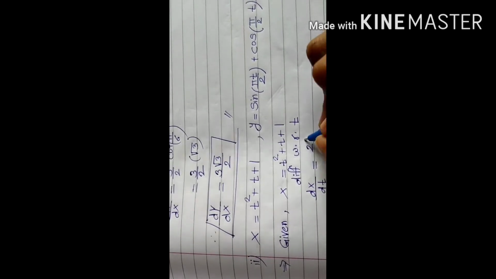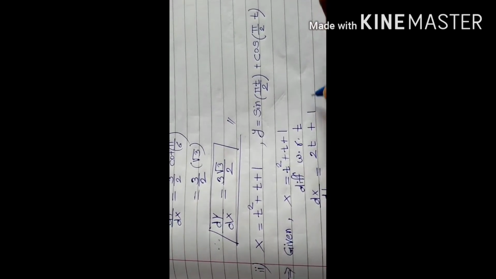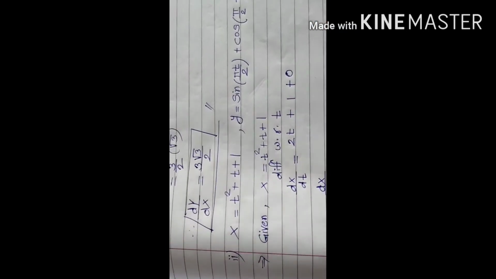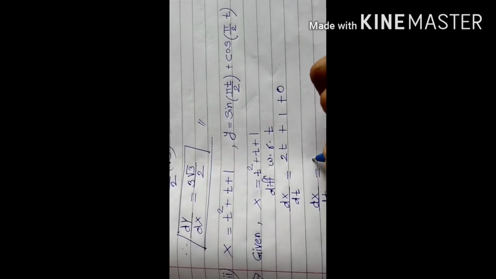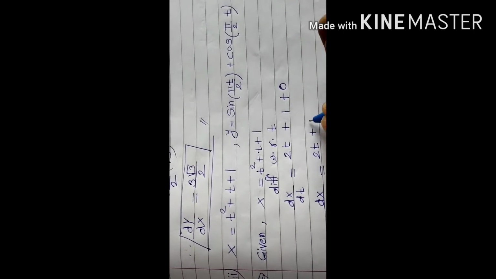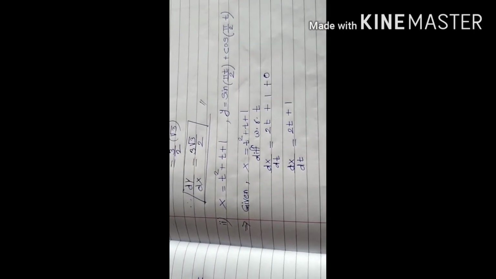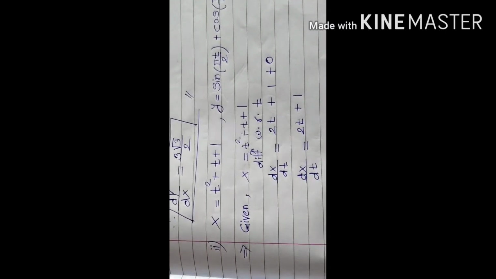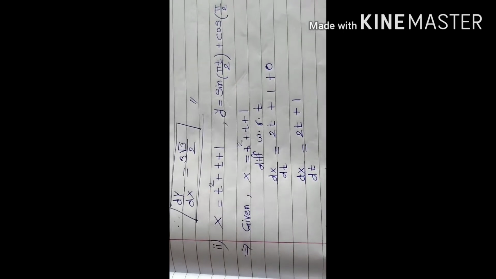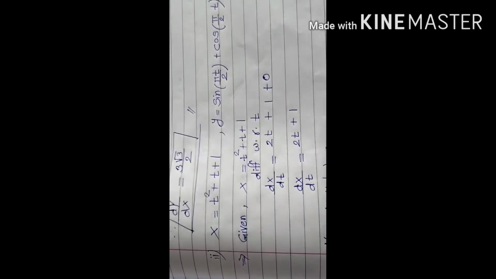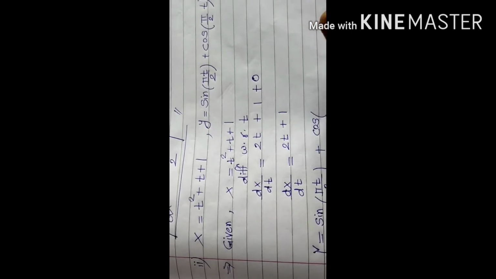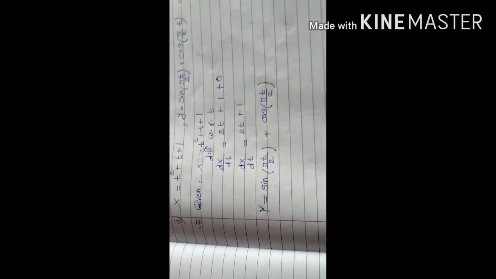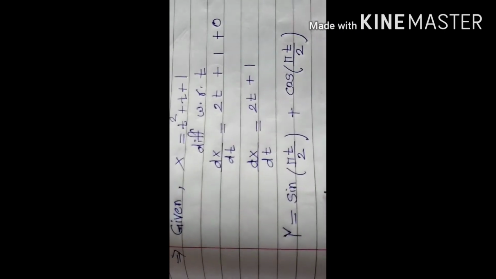Differentiation of t square is 2t, differentiation of t is 1, and differentiation of 1 is 0. So dx upon dt is equal to 2t plus 1. Now next, y is equal to sin pi t upon 2 plus cos pi t upon 2. Now differentiate with respect to t.